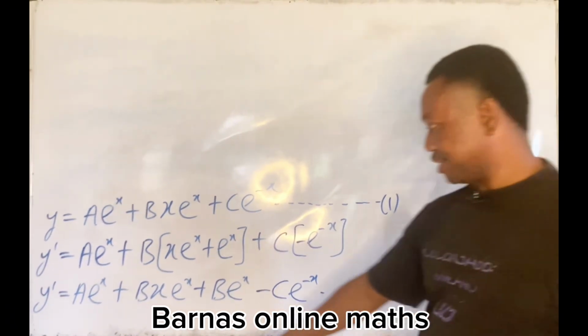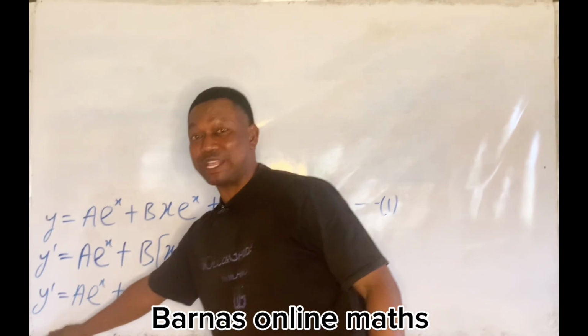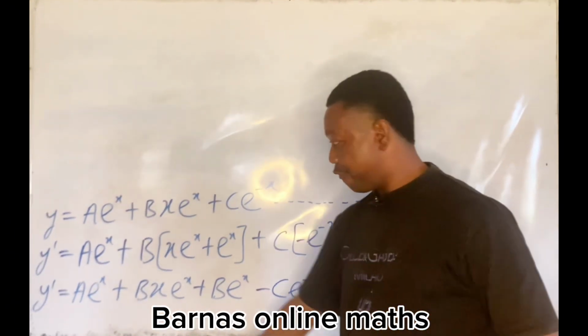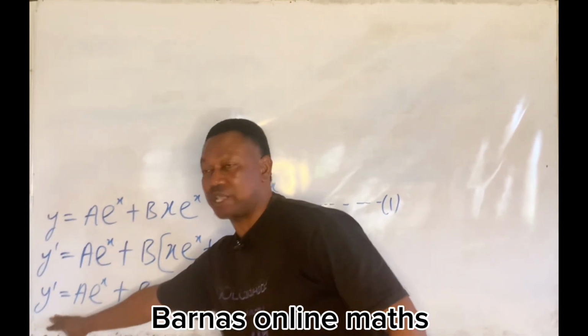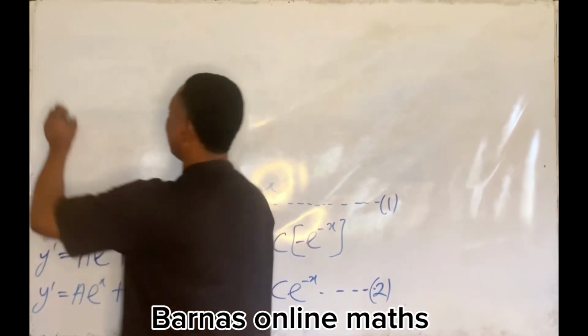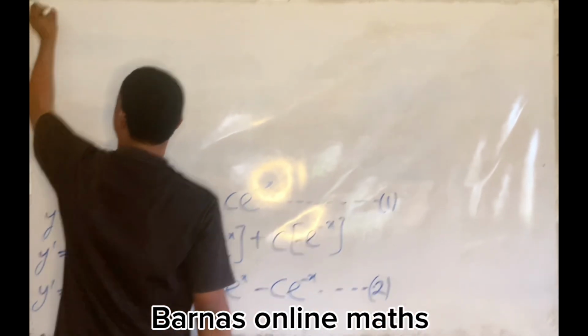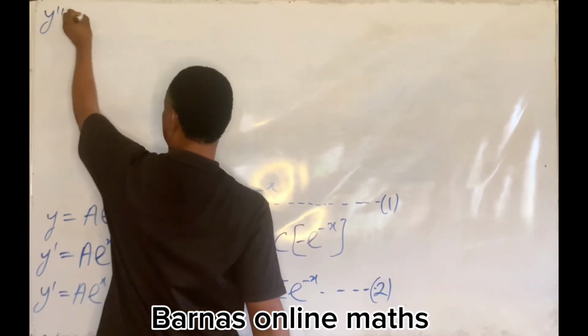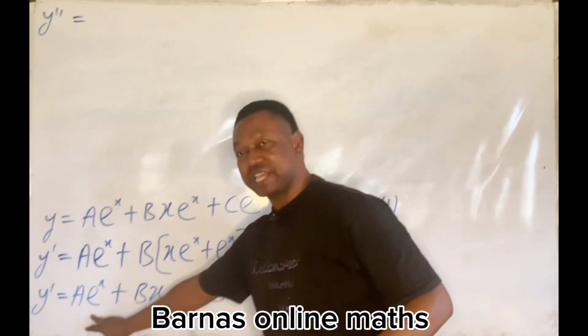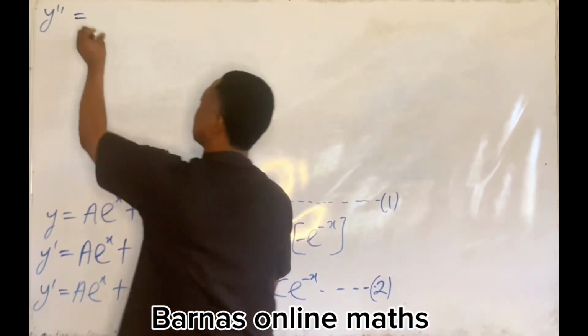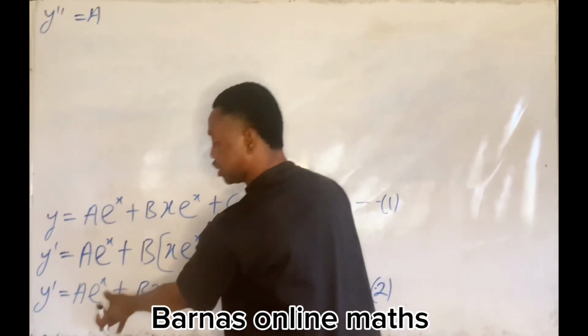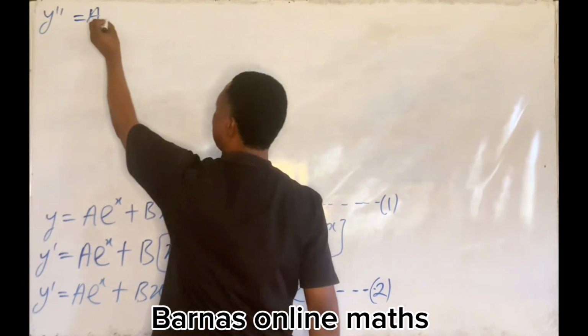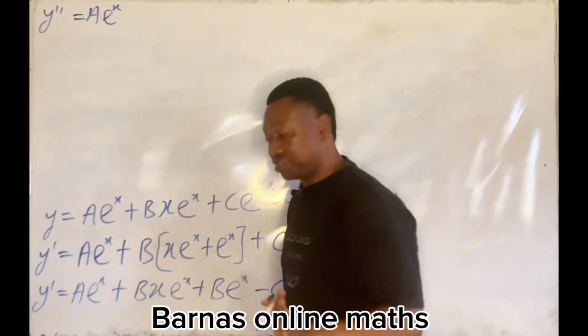Now we're going to differentiate this y prime with respect to x again. If we differentiate this y prime with respect to x again, this is going to give us y prime prime, which is equal to, now differentiate this, a is a constant, differentiate e to the power x, it will still give us the same, e to the power x, it doesn't change.